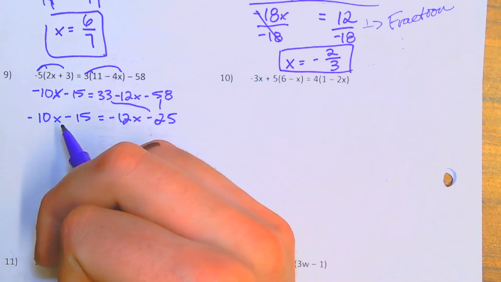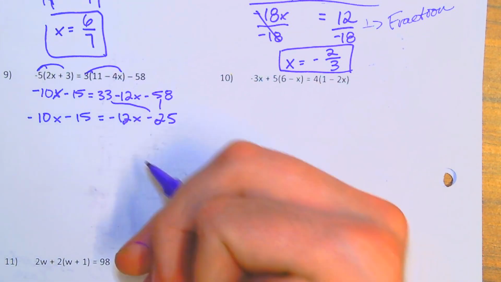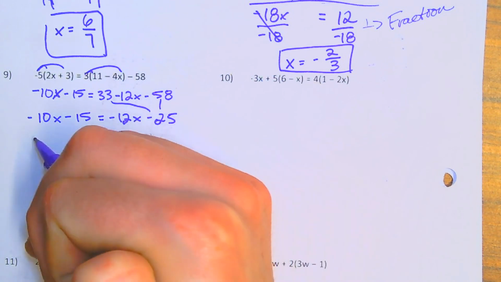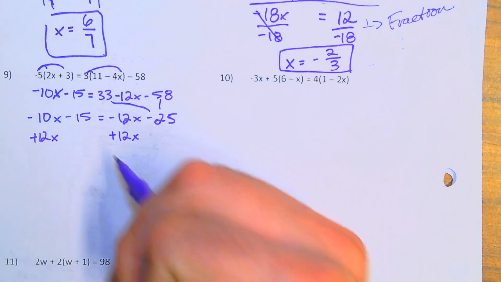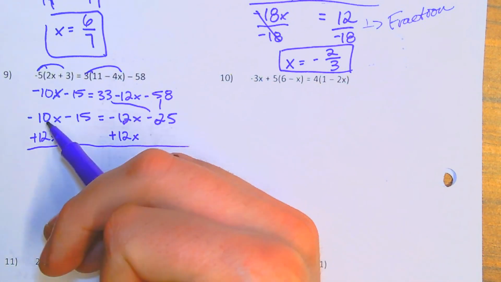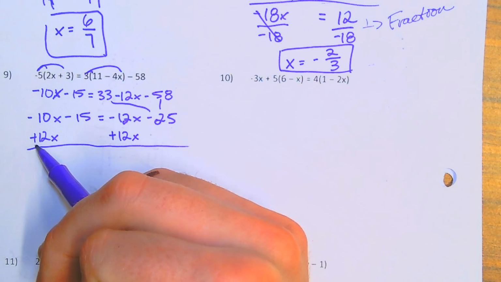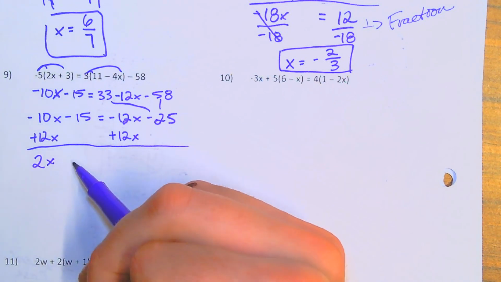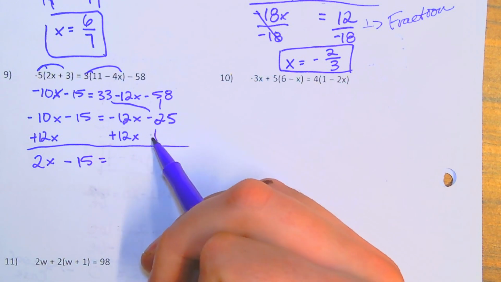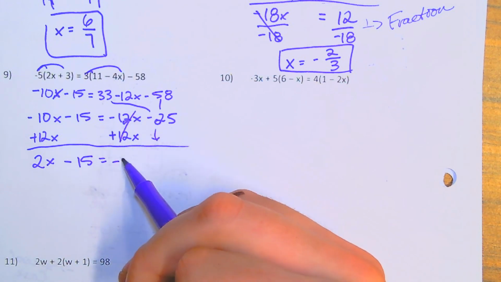The x is over here and the x is over here. I want to get them over on the same side. So the next thing I'm going to do, add the 12x to this side, add the 12x to this side. Okay, those 12x's are going to cancel for us. That's the entire idea. Now negative 10 plus 12, that's just going to be a 2x minus 15 equals a minus 25, because that's the only thing that's left over after those cancel.